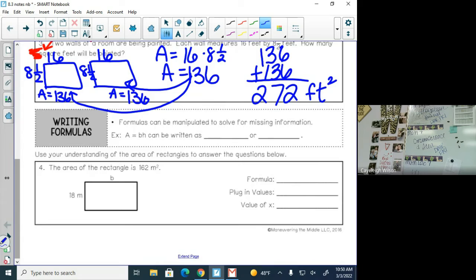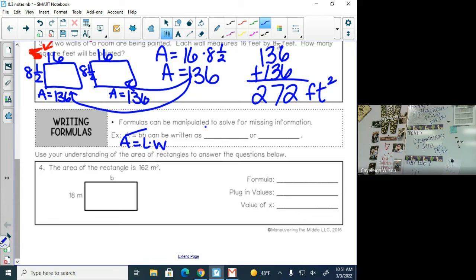Does this make sense? So area is multiplying. When you're finding a missing side, you're dividing. So they have down here writing formulas. It says formulas can be manipulated to solve for missing information. So area equals base times height, or I like area equals length times width.